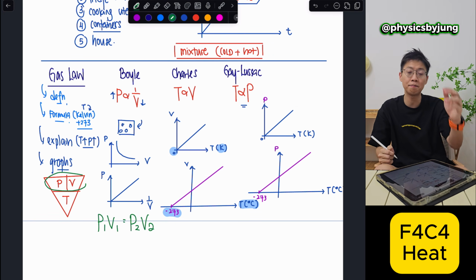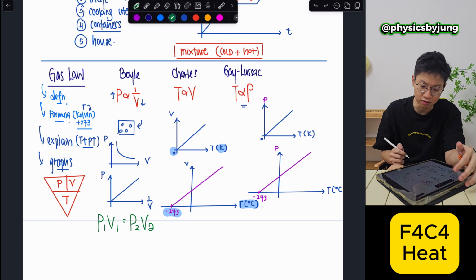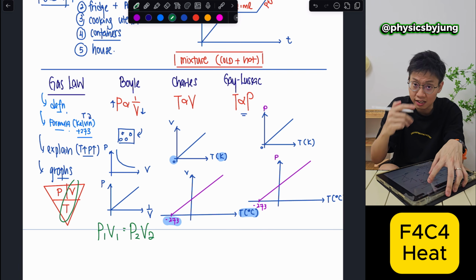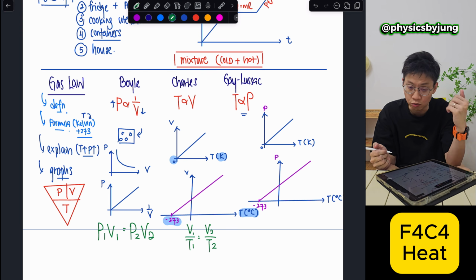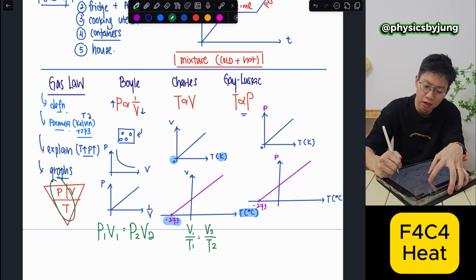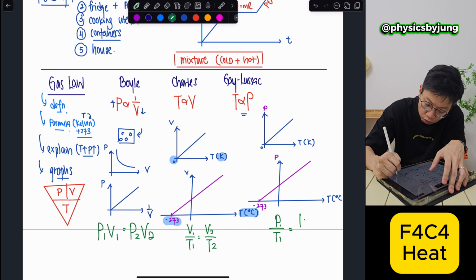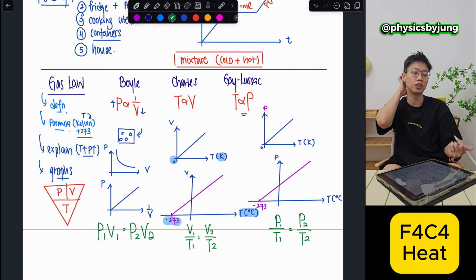Because we only look at PV, Boyle's PV. What about Charles? Charles watches TV, right? TV is this side, so this is the divide relationship. So V1 over T1 equals V2 over T2. And then what does Gay-Lussac watch? 3P. So therefore this is going to be P1 over T1 equals P2 over T2. So that's how I get all 3 of the formulas.